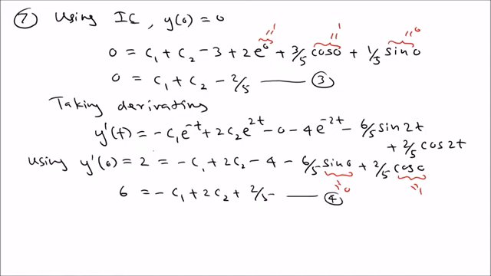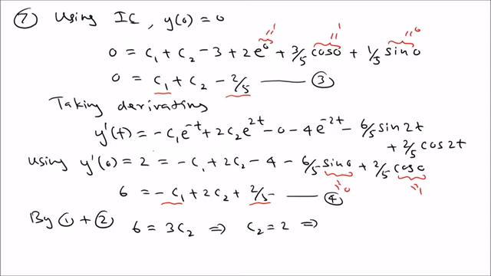Once you add them, the c1 terms cancel out, one negative and one positive. So by 3 plus 4, we have 6 equals 3c2. In other words, c2 equals 2.